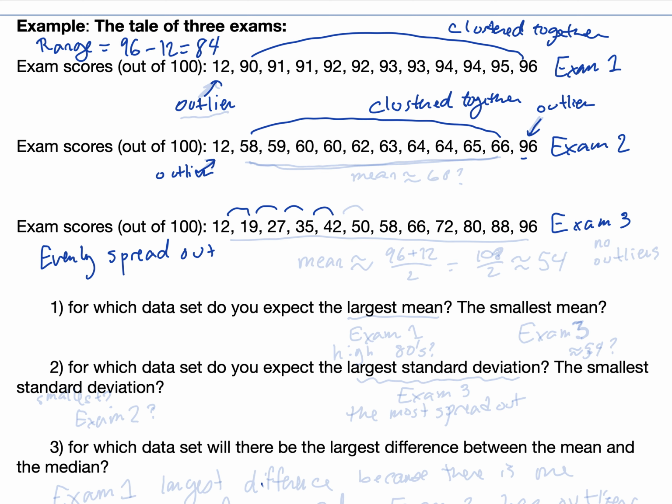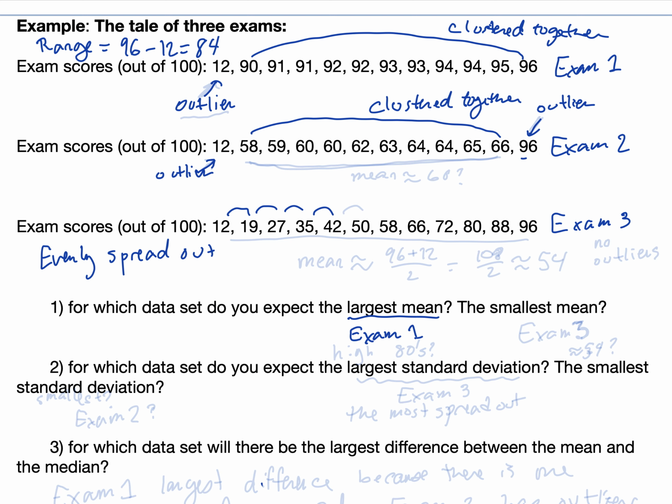So, all right, what would we expect? Where do we expect there to be the largest mean? We'd expect there to be the largest mean in exam 1, because in exam 1 we've got these exam scores clustered together around the A/A-minus range.